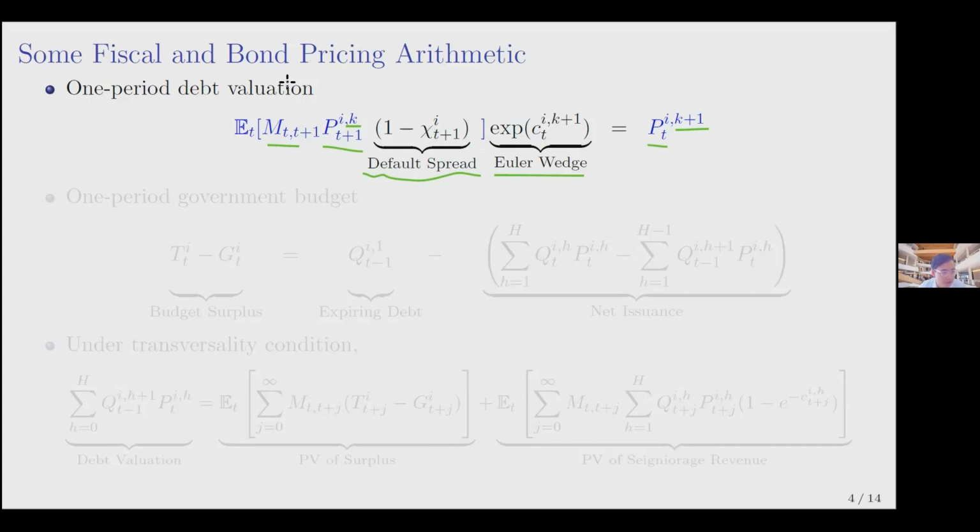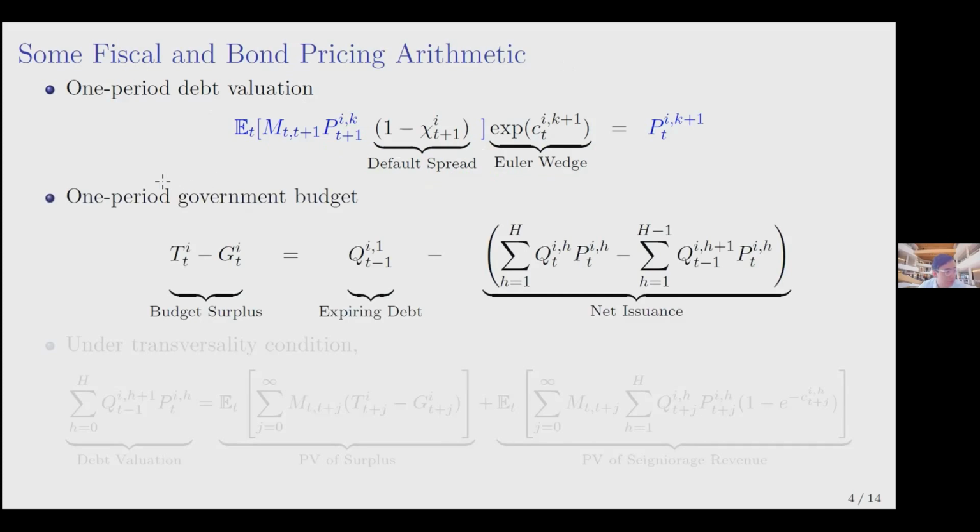With this valuation equation, we next introduce the one-period government budget. This budget shows that the government's budget surplus in a country should be supported by the debt. In particular, if we have a high surplus this period, it should be able to pay down the expiring debt without requiring new issuance.